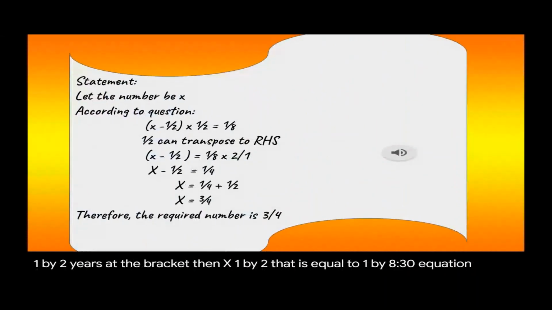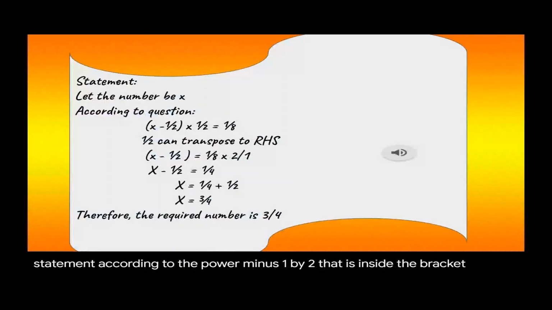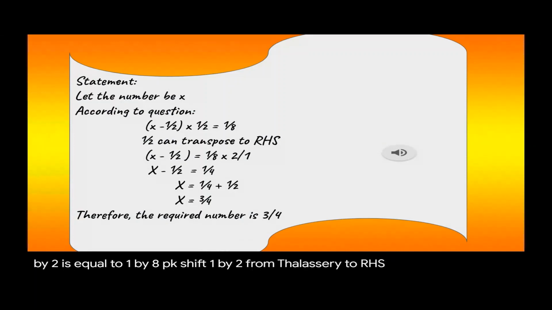Here you can see the statement. According to the question, (x minus 1 by 2), that is inside the bracket, then multiply by 1 by 2 is equal to 1 by 8. We can shift 1 by 2 from LHS to RHS. So here it is multiplying, then divided to RHS. 1 by 2 reciprocal is 2 by 1.